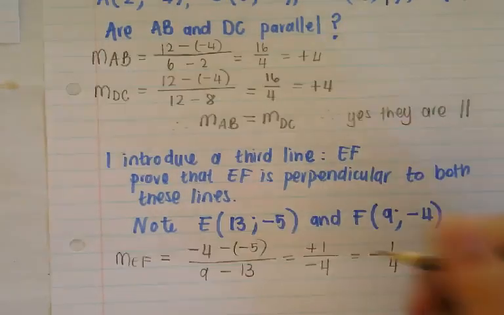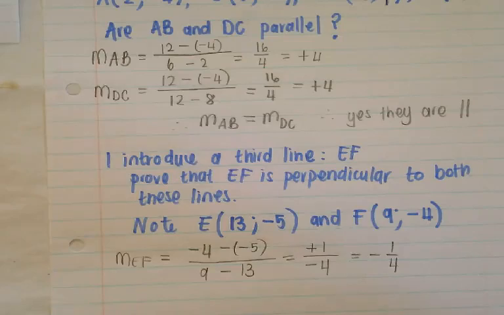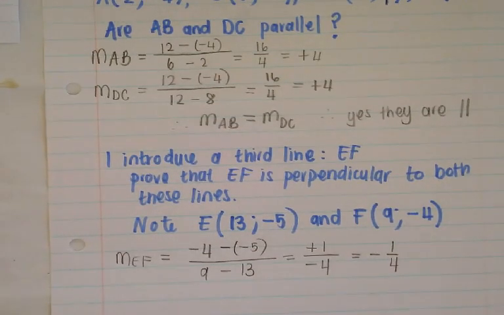Now if I want to prove that something is perpendicular, multiply the gradients and see if it equals negative 1. Does it matter which line I used, AB or DC? No, they are both parallel to each other. So if I take one of their gradients and prove that it is perpendicular, then we will prove that they are perpendicular to both.